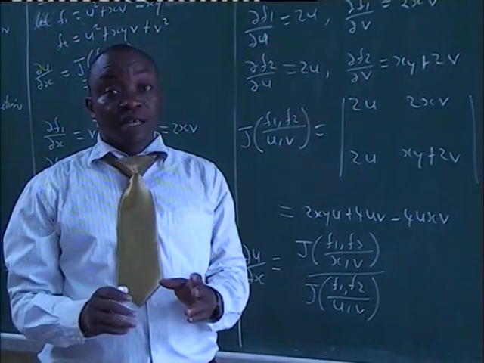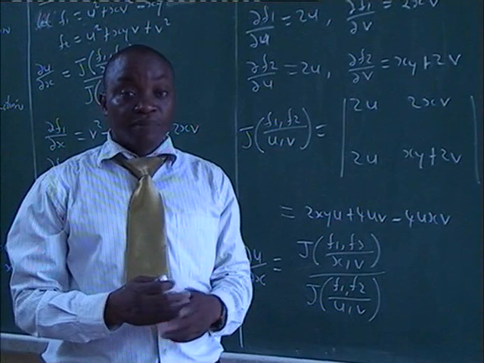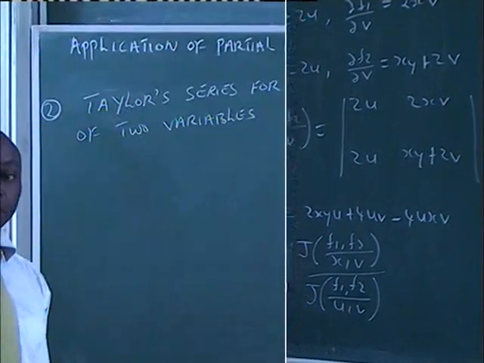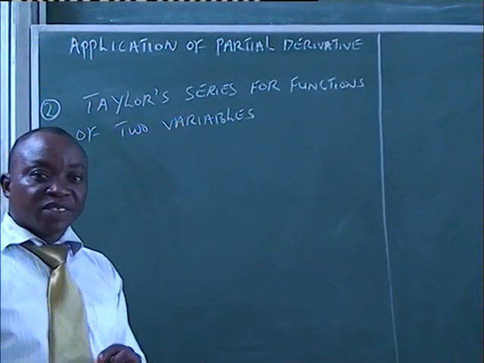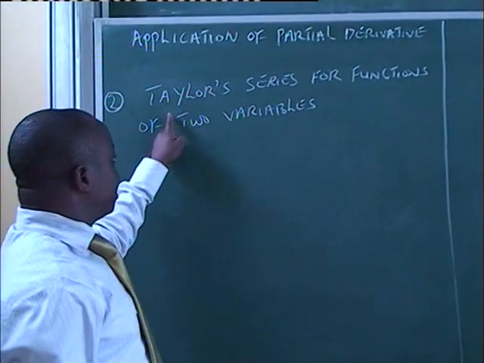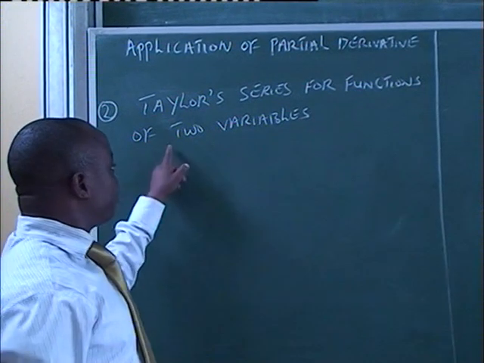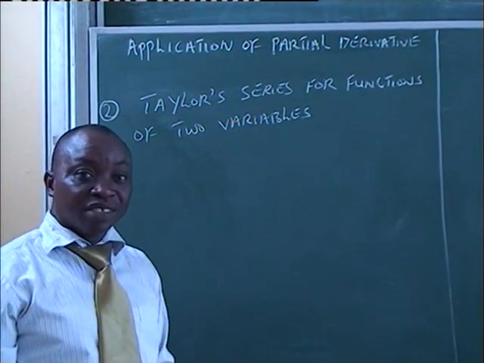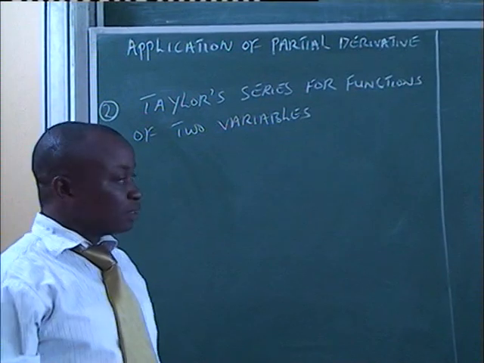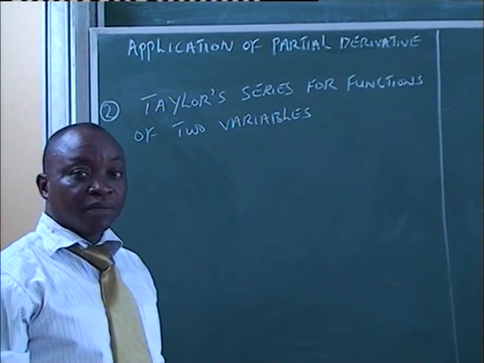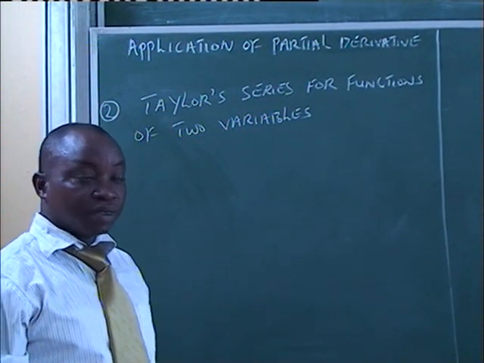Now we'll look at another application of a partial derivative. Now another application we want to look at is Taylor's series for function of two variables. That is Taylor series expansion for functions of two variables.